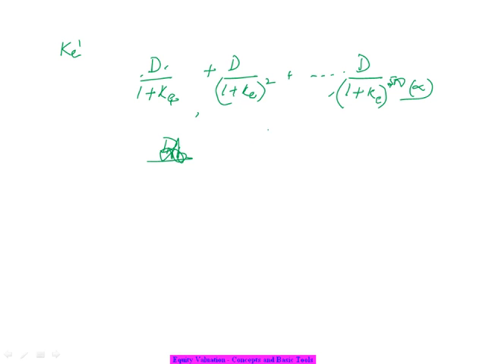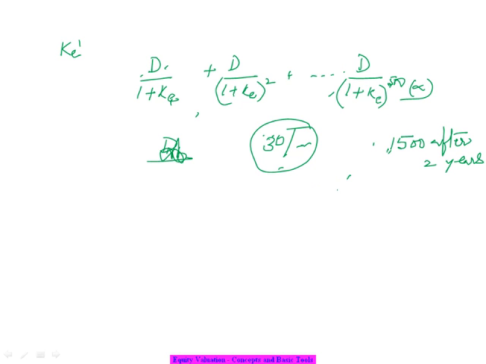let's create a small numerical. The company will be declaring a dividend of 30 rupees per share in the next year, and for the next 2 years the company is expected to declare a dividend of 30 rupees per share, and you are expecting that the share price will touch 1500 after 2 years.